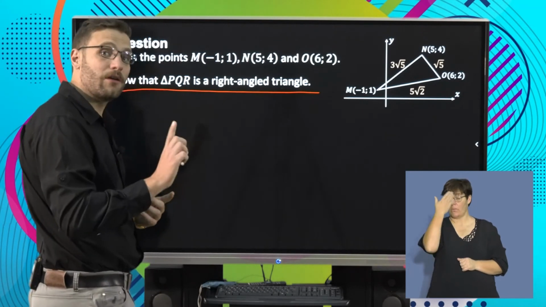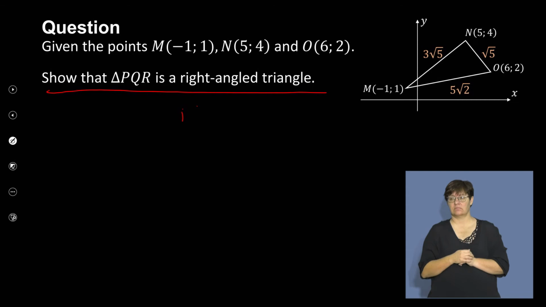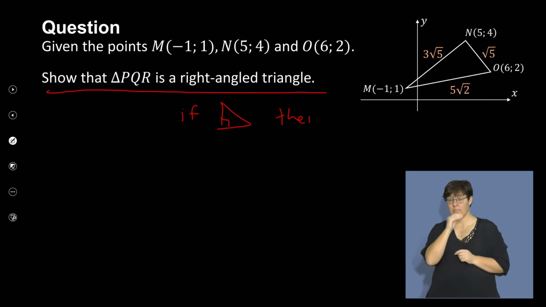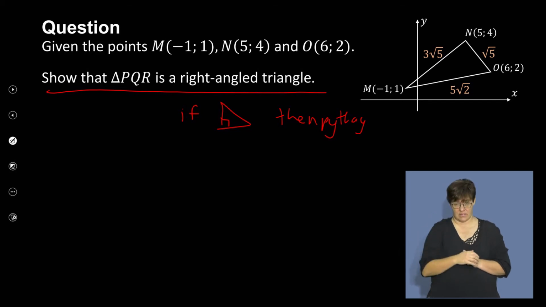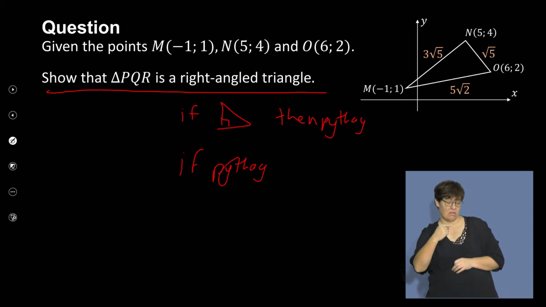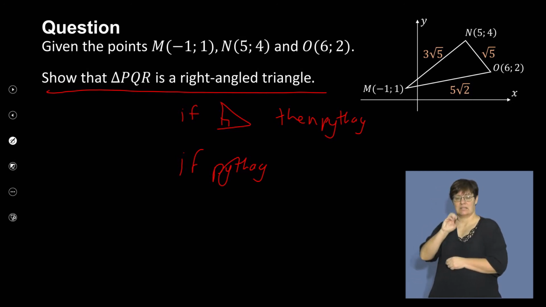What I do know from grade 8 and 9 is that if I have a right-angled triangle, I can use Pythagoras. Alternatively, if Pythagoras is true, then it must be a right-angled triangle. There's no other option. All right?